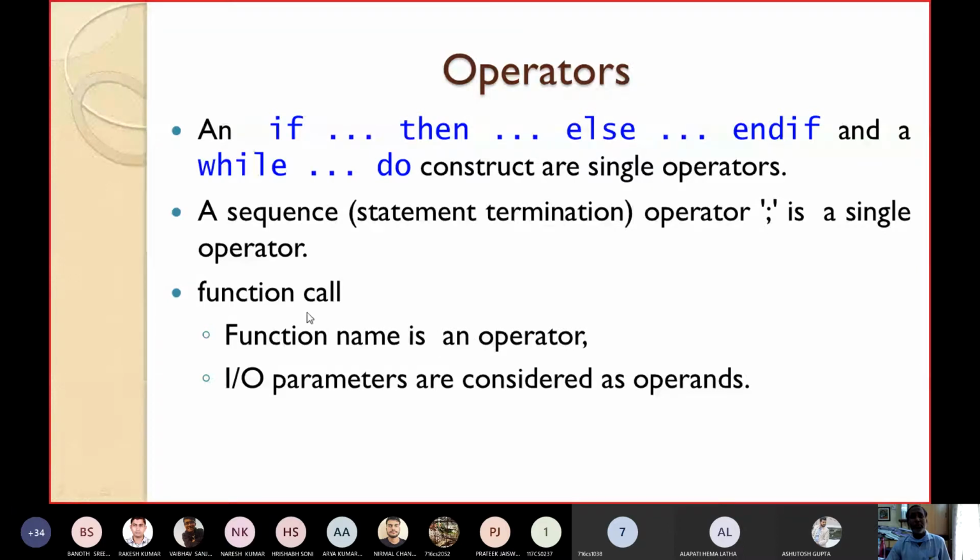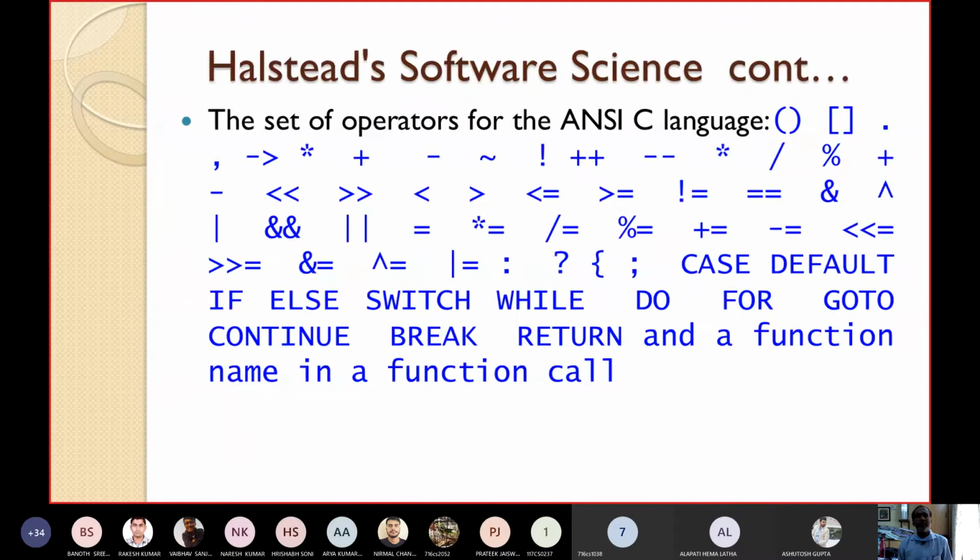Please remember, while you are making function calls, the function name is treated as an operator, and the IO parameters, the input output parameters you have used, are considered as operands. Okay, so these are some of the guidelines we have discussed for selecting the operators and operands.